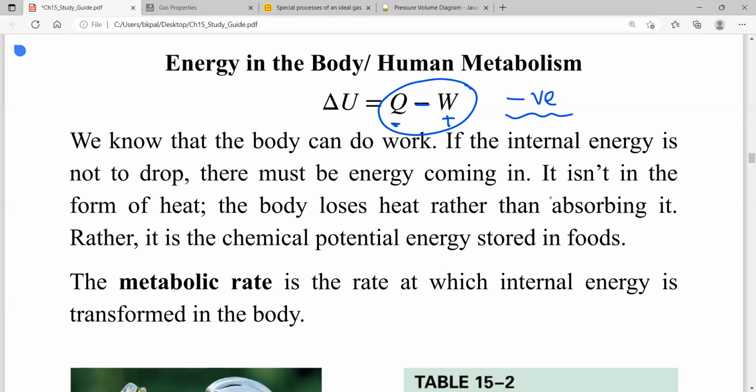A little bit of increase or decrease is okay, but we do not want too much decrease or too much increase of delta U. On average, we want delta U to be constant.